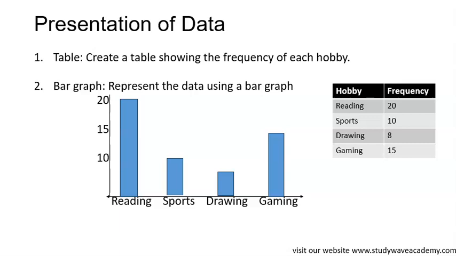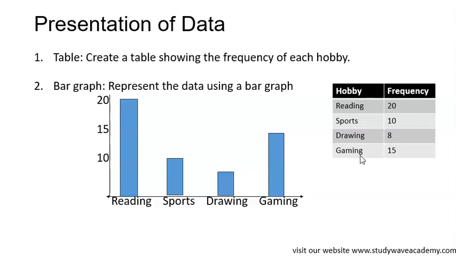What is your favorite hobby, or how many hours per week do you spend on your favorite hobby? All those questions, right? Then one person says reading, another says reading, another says sports, another says drawing, another says gaming. Each of them has different hobbies.